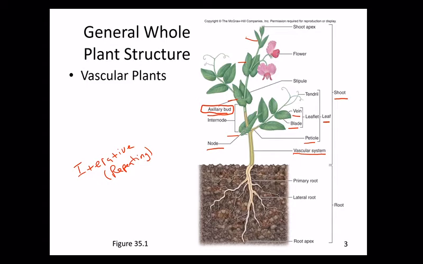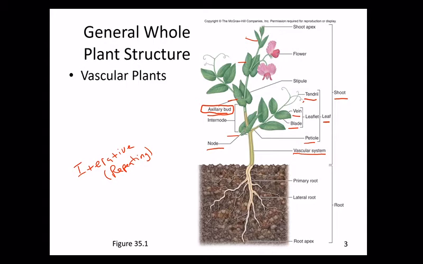Now, growing out the ends, there are certain modifications that we can see. For example, we're looking at the pea plant here, and the pea plant contains tendrils. These tendrils are extensions of the shoot coming out of the end of the leaf, and they're important for support. They'll grab onto and grow around things.